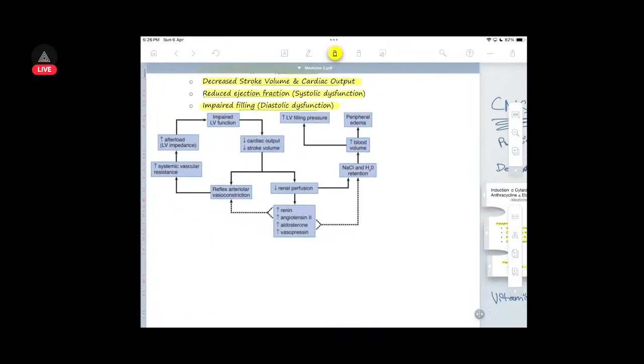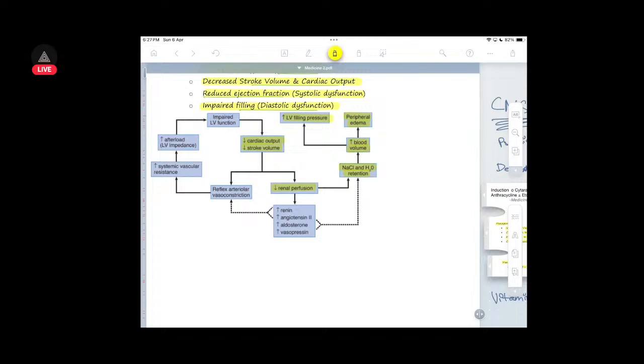So impaired left ventricular function causes a decrease in stroke volume and cardiac output. It leads to decreased renal perfusion, which leads to sodium and water retention, which leads to increased blood volume and peripheral edema, and an increase in left ventricular filling. That is the first pathway.